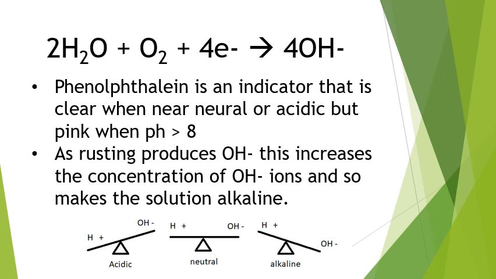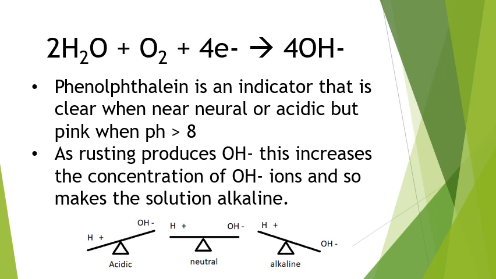As rusting produces OH minus, this increases the concentration of OH minus ions and so makes the solution more alkaline. And the more alkaline the solution is, the more pink you see. So that is why the indicator could, in theory, turn pink, because OH minus are being produced.